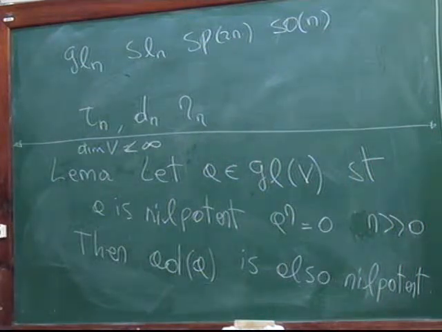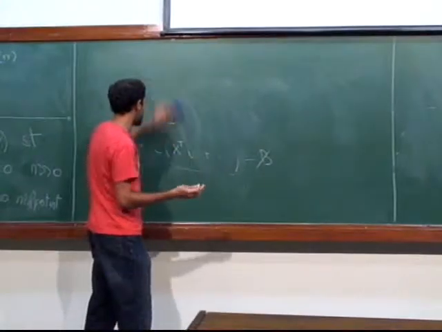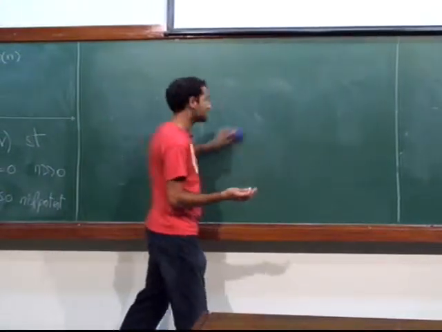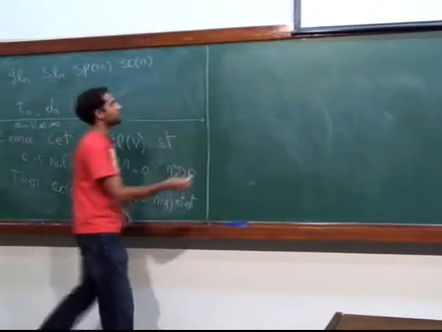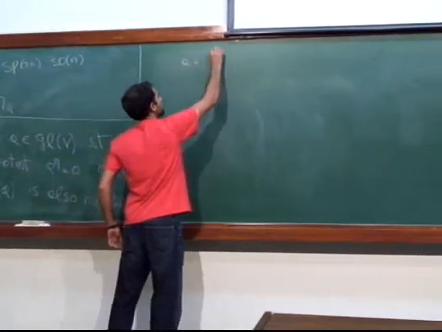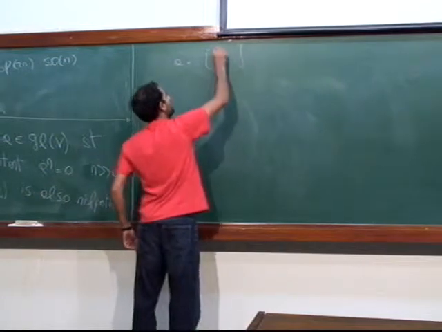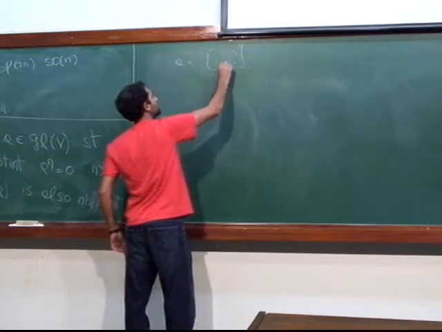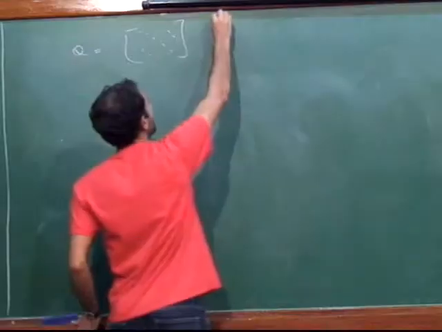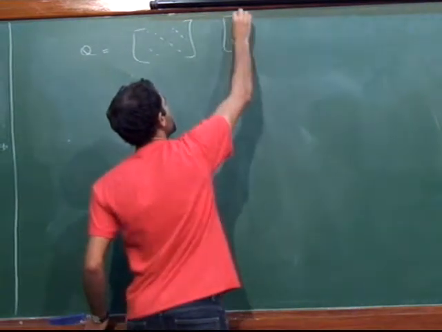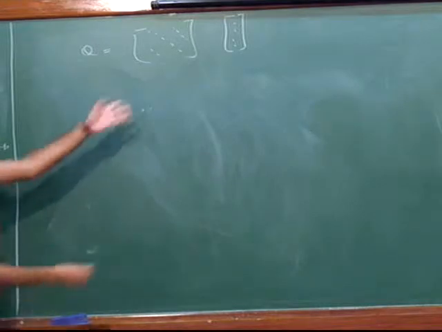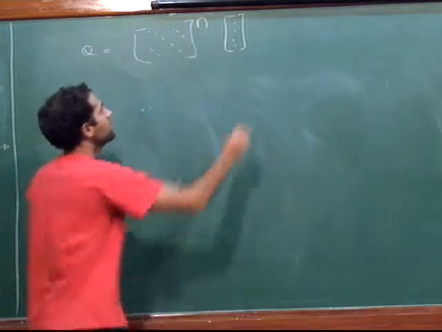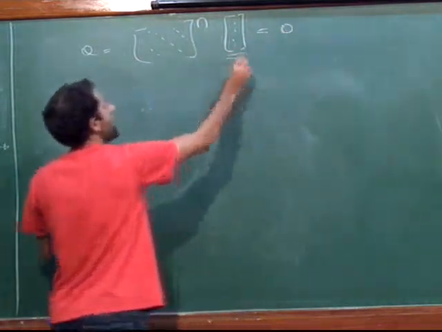This is a confusing statement. So I have a matrix that acts on a vector space, say by multiplication. You can think of this A as a whole matrix with some entries, and it acts on the vector space V, which are just row vectors. And if you just multiply this matrix n times, this is going to be 0 for every vector.